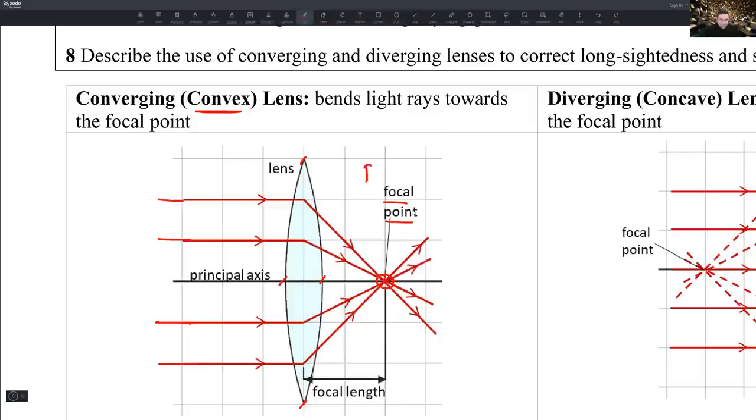We sometimes call this the principal focus. So what is this point? This is the point where parallel light rays will meet after they pass through a convex lens. Very good.